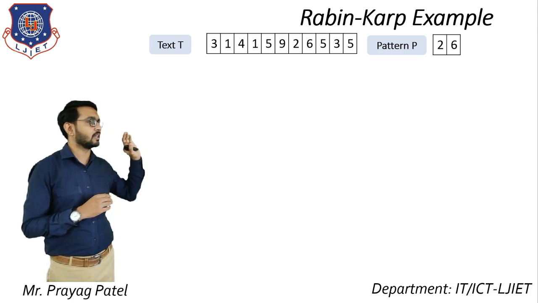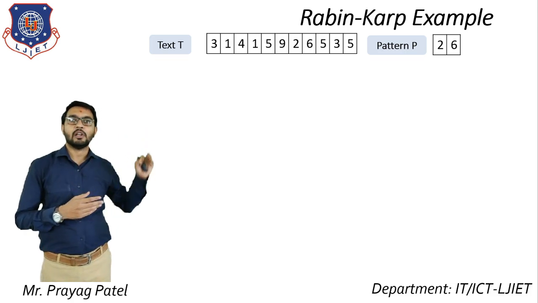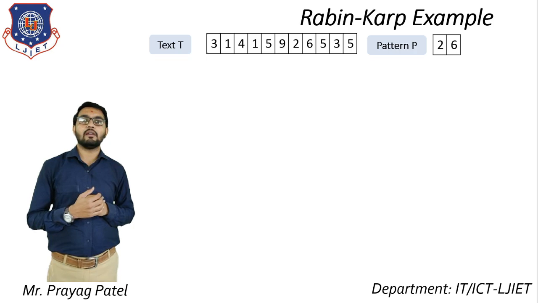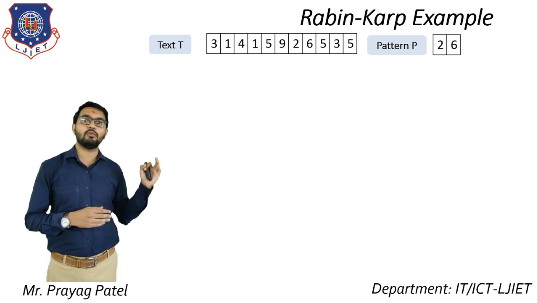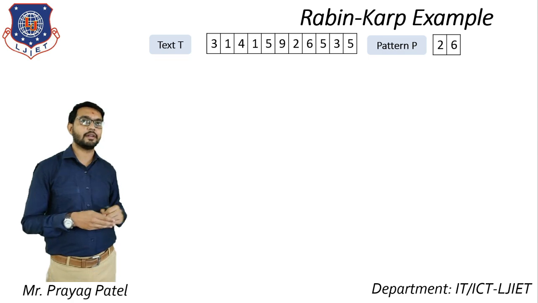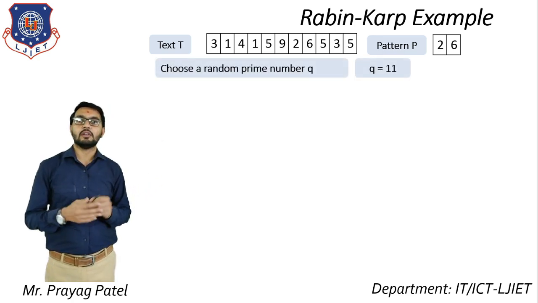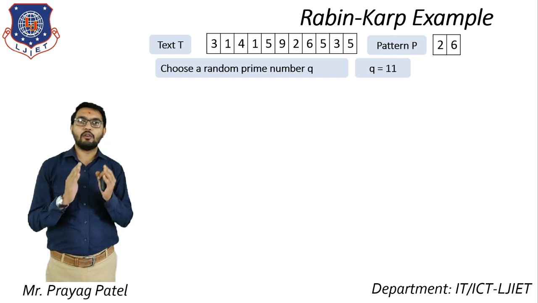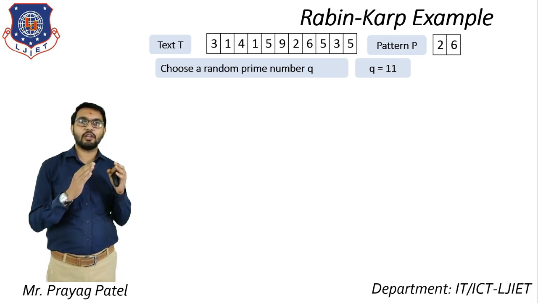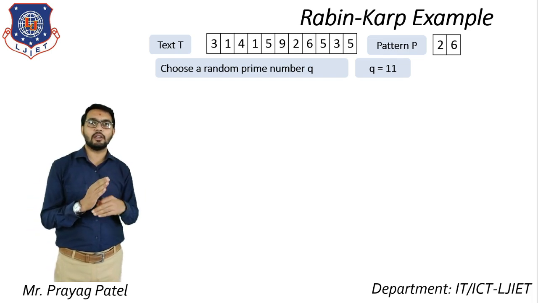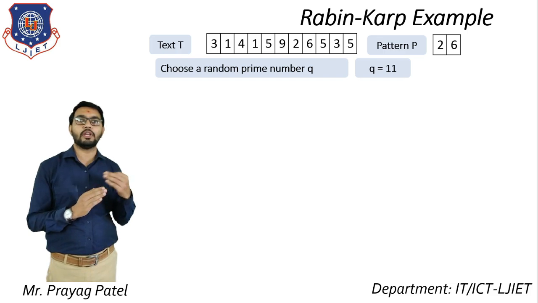Now text equal to 3 1 4 1 5 9 2 6 5 3 5 and pattern P equal to 26. Next consider the value of Q. Here Q equal to 11, meaning we find the modulo with Q.